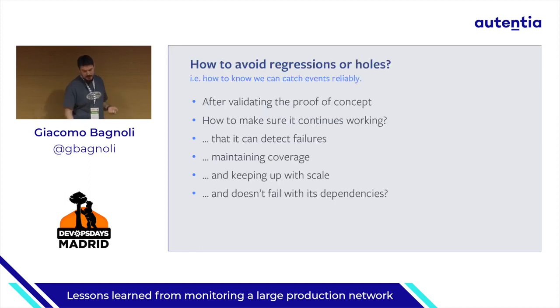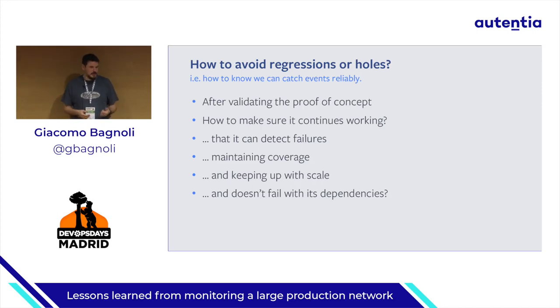So how do we avoid regressions or holes in the coverage? Let's say I write one of these new tools and I come up with a proof of concept that validates my idea. So this thing is brilliant, it's detecting the error, I run it, and it works, right?